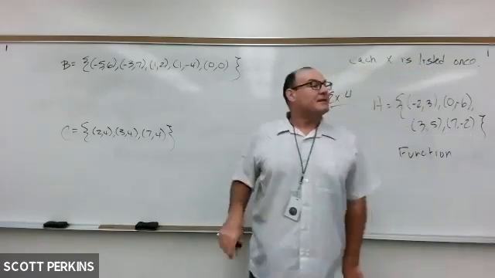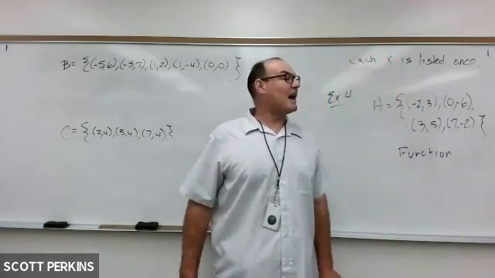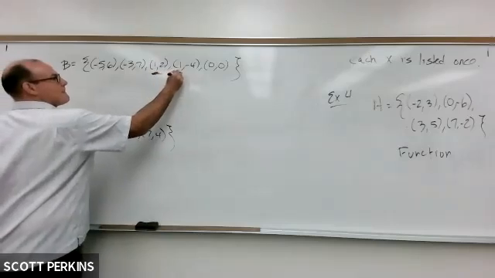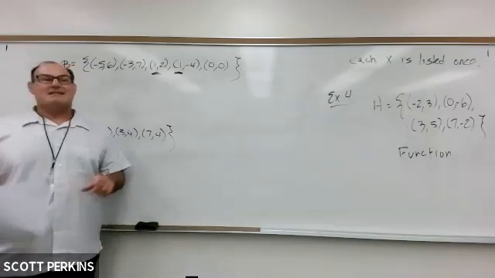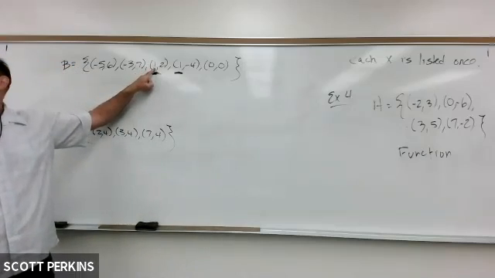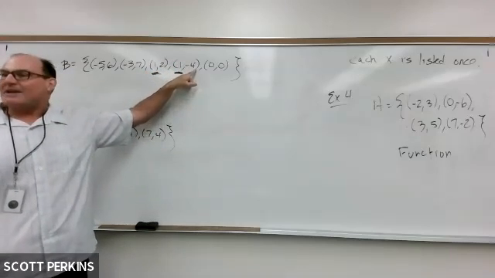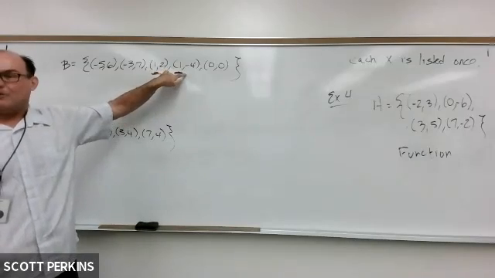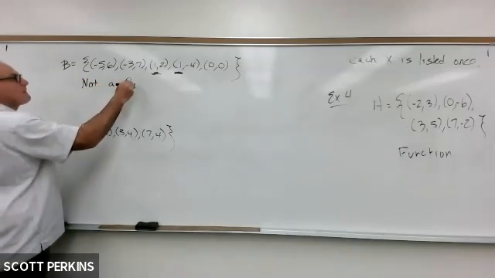All right, set B: is that a function or not? Why are you telling me it's not a function? The x value 1 repeats. Okay, so the x value 1 corresponds to the value 2, but it also corresponds to the value -4. So this x value corresponds to more than one y value. That violates the definition of a function, so this is not a function.